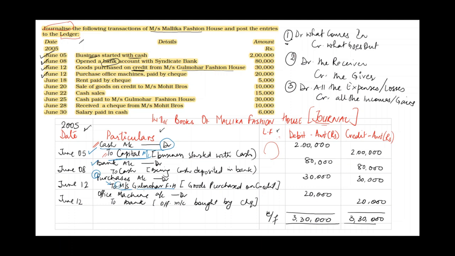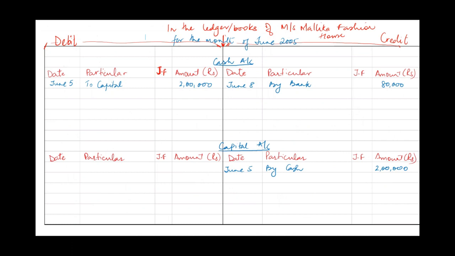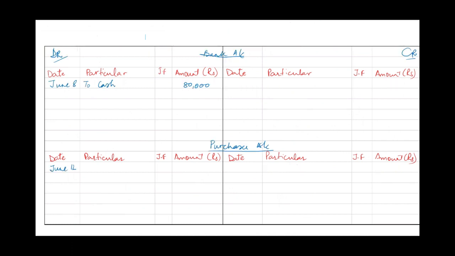So in the purchases account, I will write Mrs. Gulmohar. Where is my purchases? Here. And here I will write to Mrs. Gulmohar Fashion House. The amount is 30,000, right? Remember, 30,000.